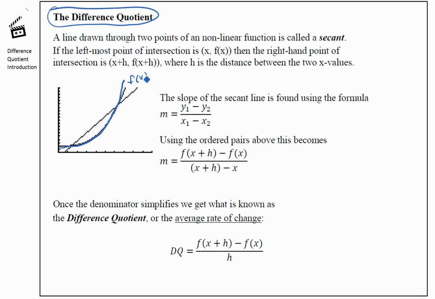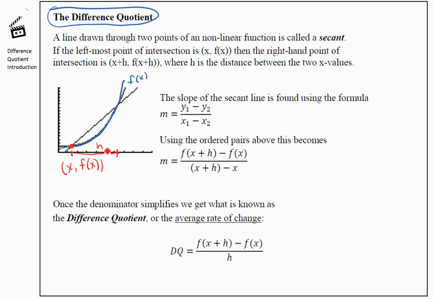So we're going to pick 2 points on our function. The first one, we're going to pick this point right here on our function, and we're going to call that point x, whatever that x value is, and then its y value would be f of x. Then we're going to go down, so this is where x is on the x coordinate. We're going to go down the x-axis some by another variable that we're going to call h.